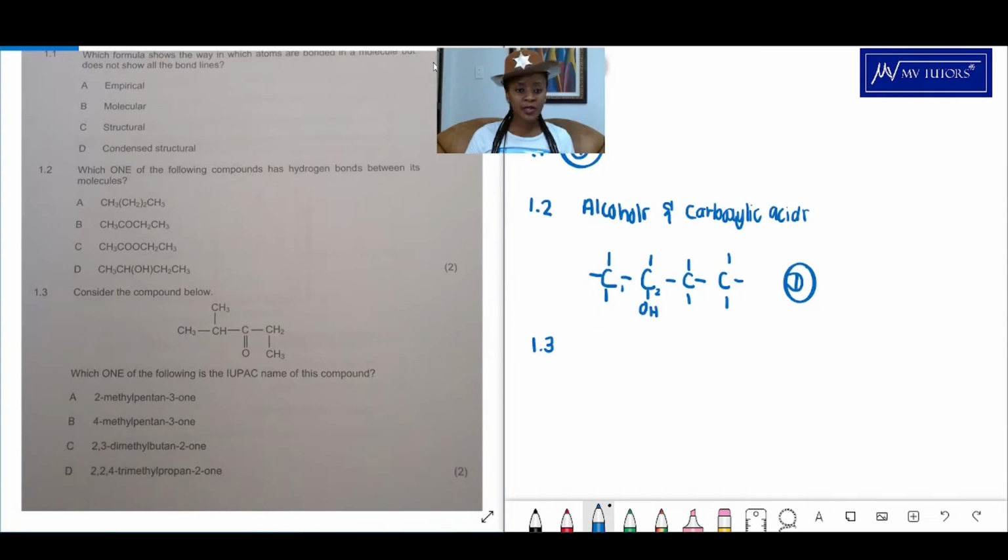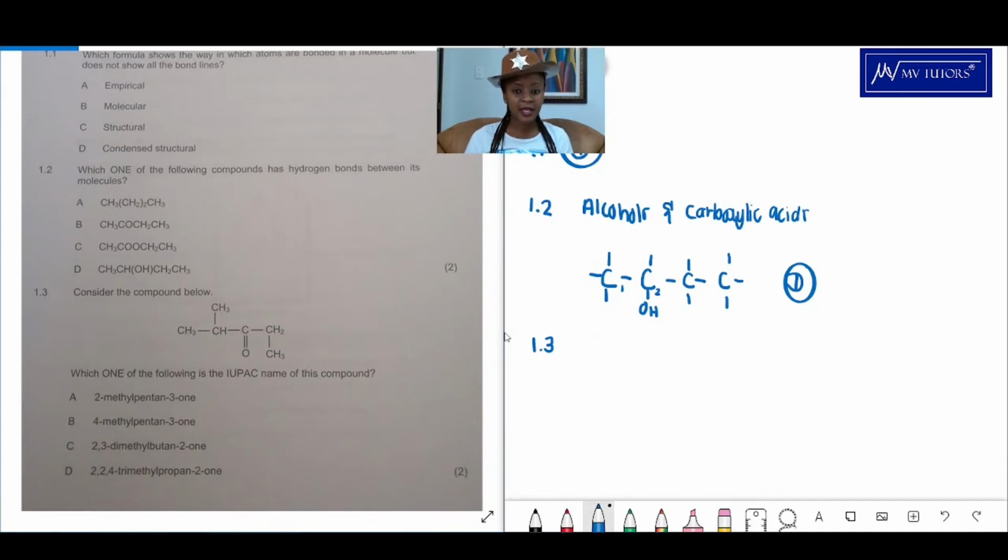So which one do I start with? Do I start with the methyl group, which is on the second carbon, or do I start with the one on the third carbon there? I would go with the methyl group on the second carbon. How many carbons do I have in total? 1, 2, 3, 4, 5. So I have pent-something.